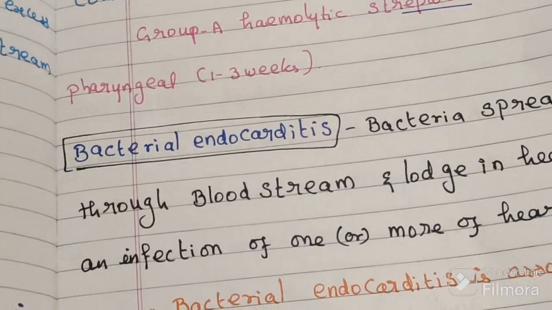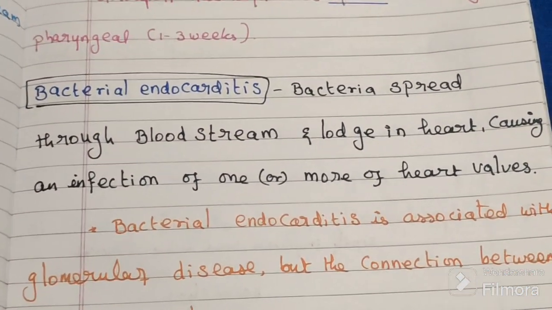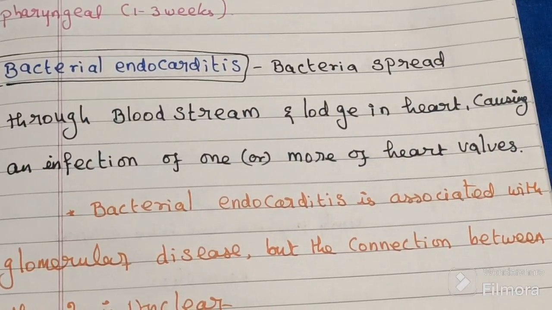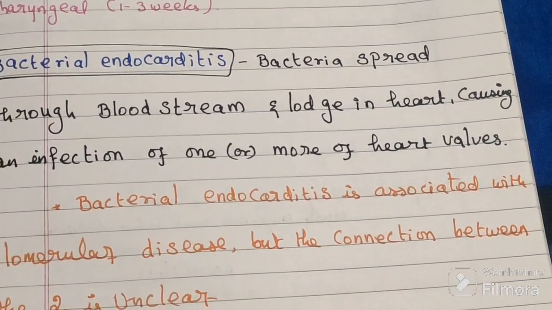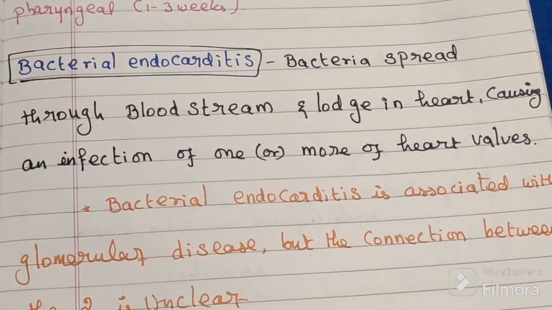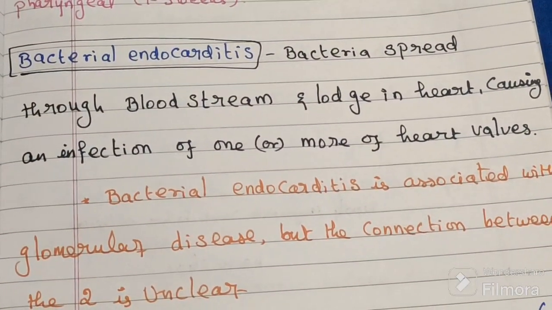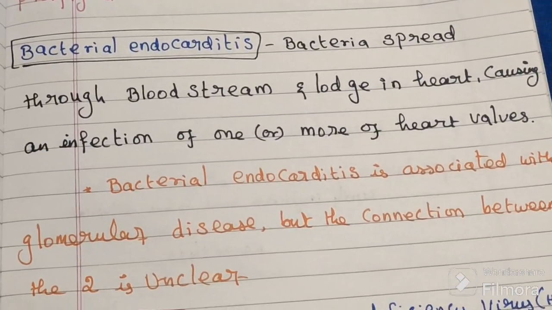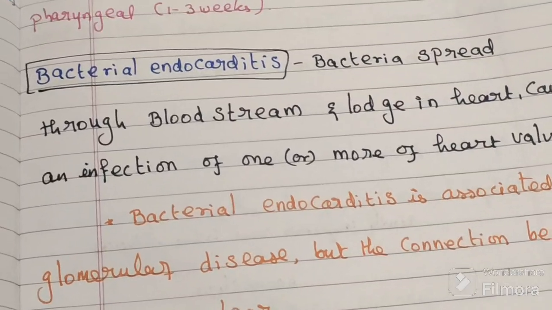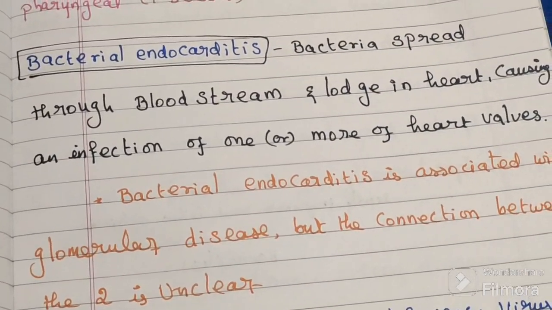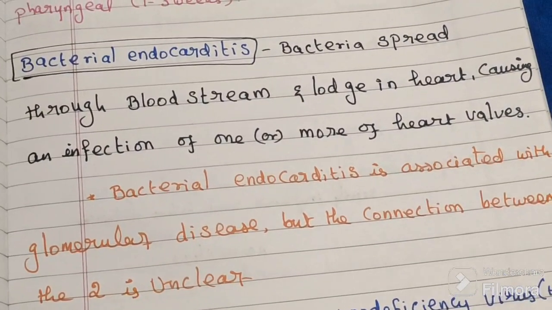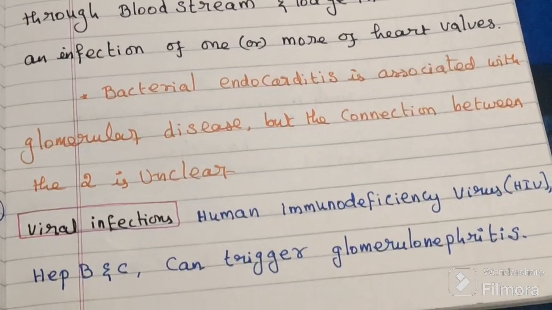Then bacterial endocarditis. This bacterium can spread through the bloodstream and lodge in the heart, causing an infection of one or more heart valves.